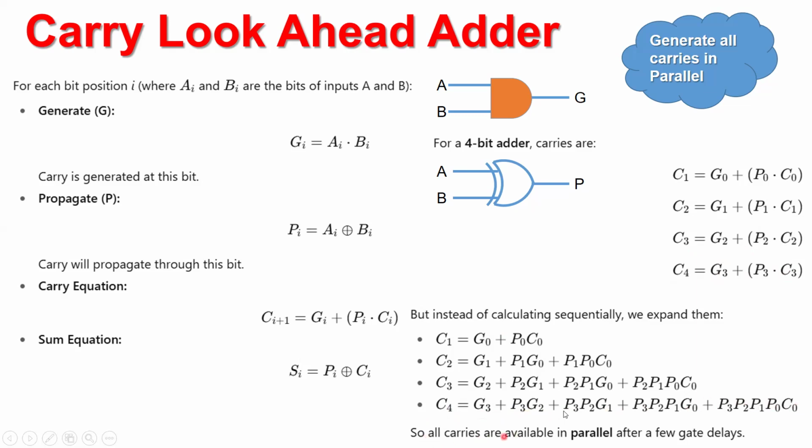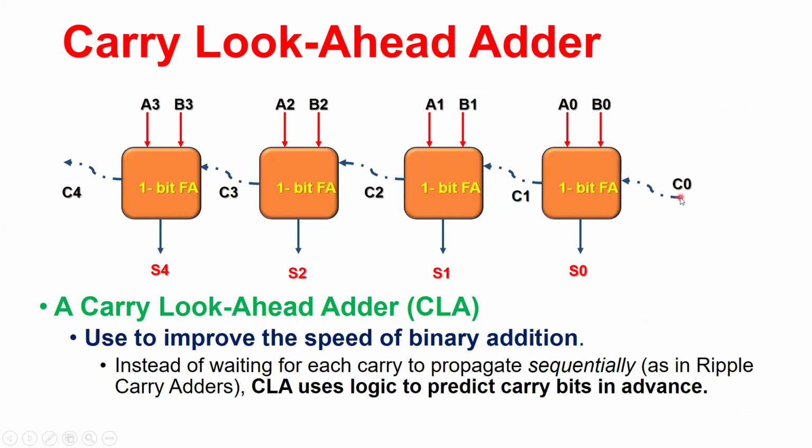So all the carries C1, C2, C3, C4, which are the next-stage carries, are available in parallel after a few gate delays. You have AND gates and then an OR logic, so after these basic logic gate delays, your carries are available for the next stages. Remember, C0 is the initial carry, assumed to be 0, or it could be 1 if it comes from the previous stages.